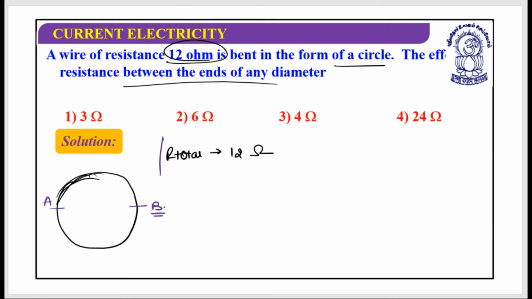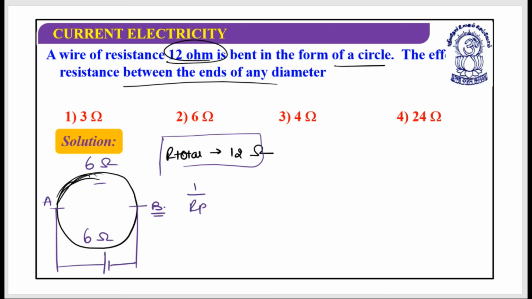The total circle is 12 ohm, so this should be 6 ohm, and this should also be 6 ohm. As I see, these two are in parallel combination, this 6 and this 6. If they are in parallel combination, then 1 by Rp is equal to 1 by R1 plus 1 by R2.